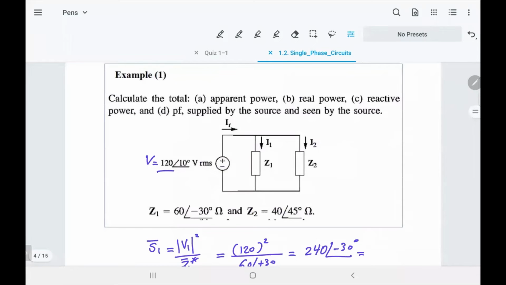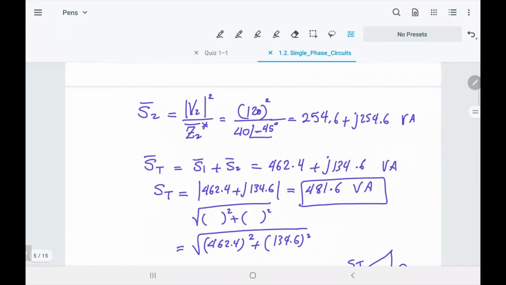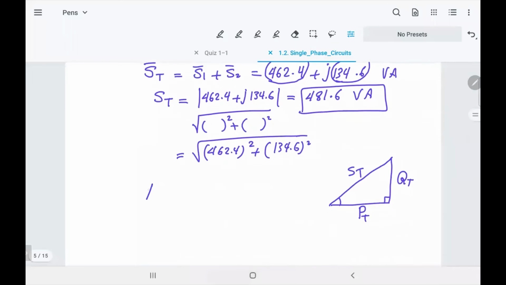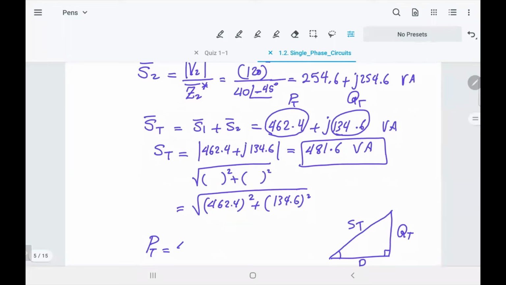Find the real power. How do you find the total real power? It's easy. It's the real part of the complex power. Because when you look at the total complex power, that will represent the total active power, and that will represent the total reactive power. So you can say that the total active power is equal to 462.4.